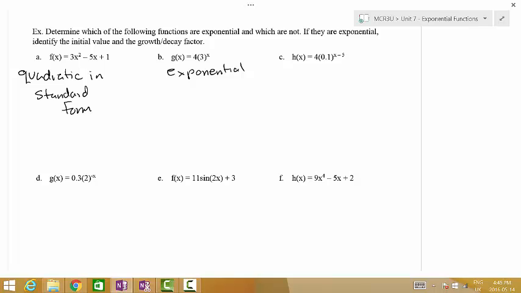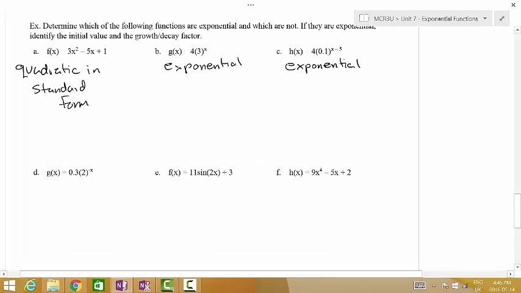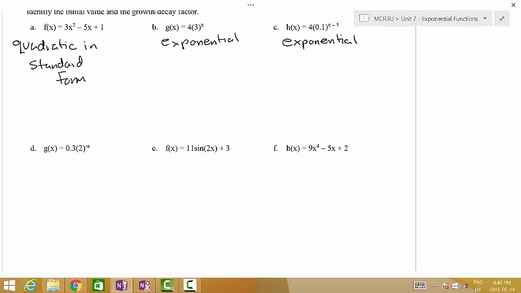So that variable is still in the exponent, which also makes it exponential. Again, same with d. Even though the variable is negative, so it's negative x, again, it's still in the exponent, which means that it is still exponential.